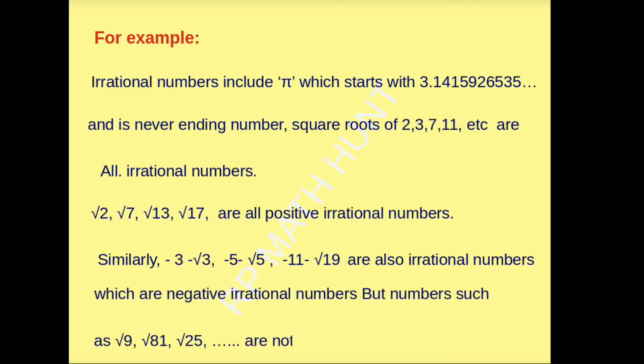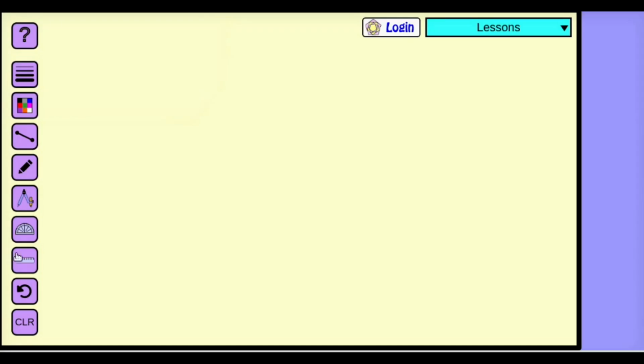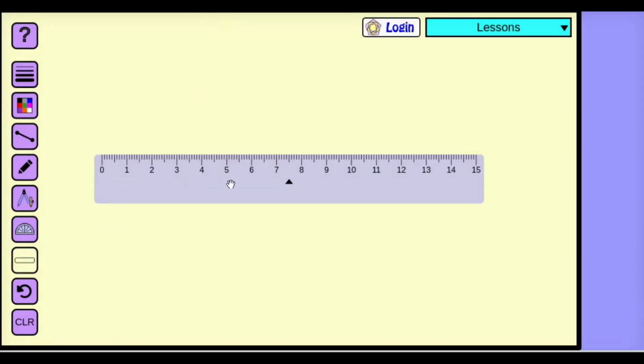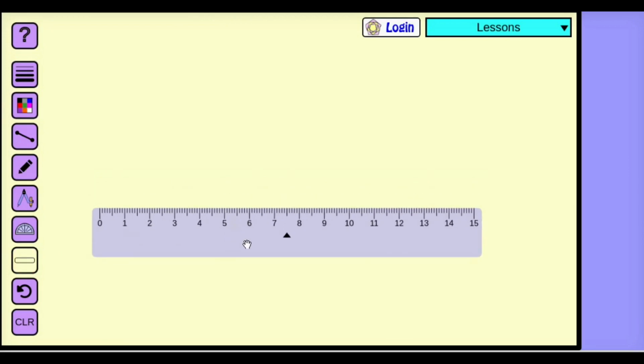My dear children, observe on the screen how we represent root 2 on a number line. After examining this, we will see the stepwise explanation.